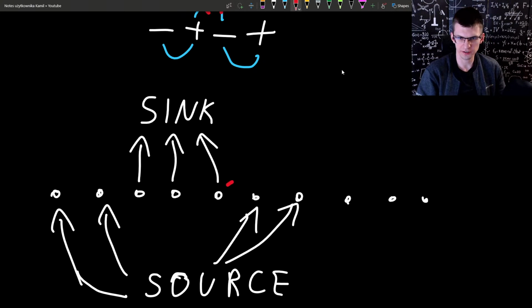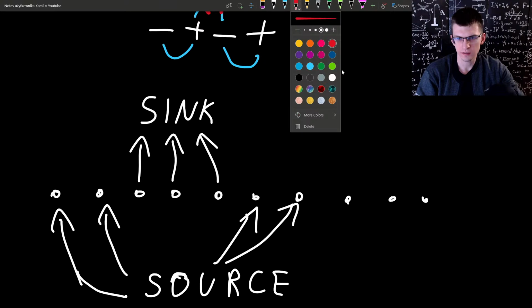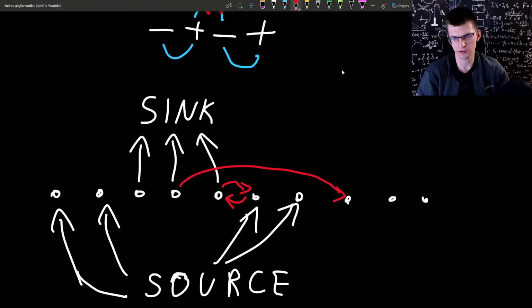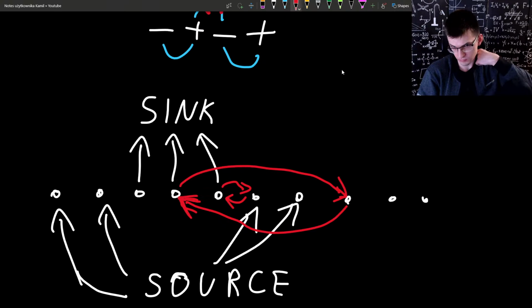There are edges between neighbors with infinite capacity and cost of 1. And there are edges between faraway vertices with infinite capacity and cost of C. That should be it. I run max flow min cost, and the min cost is the answer. But this solution won't be possible for the other problem.